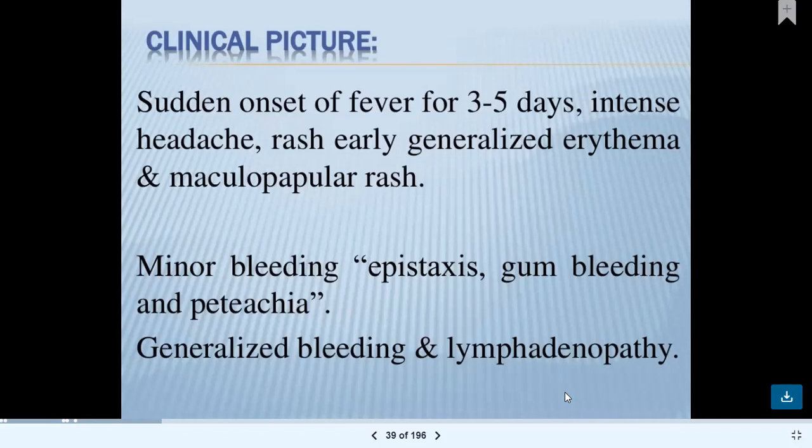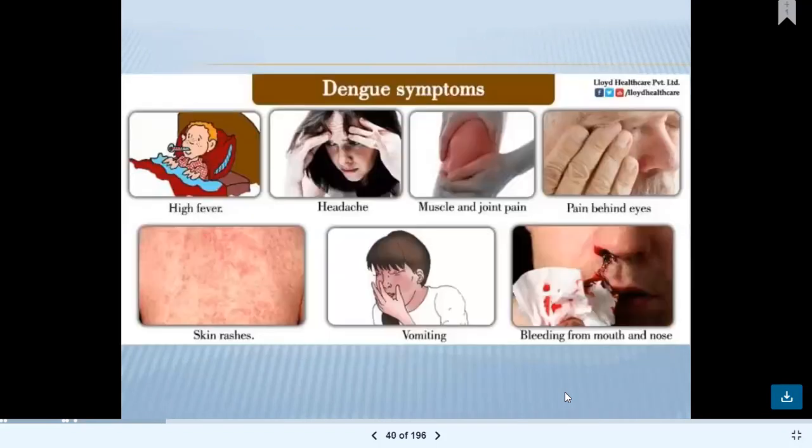Headache is in the center, behind the eyes, and rashes will be seen on the back of the patient. There will be minor bleeding, such as epistaxis, gum bleeding, and petechiae. Generalized bleeding and lymphadenopathy are some of the generalized features of dengue fever.